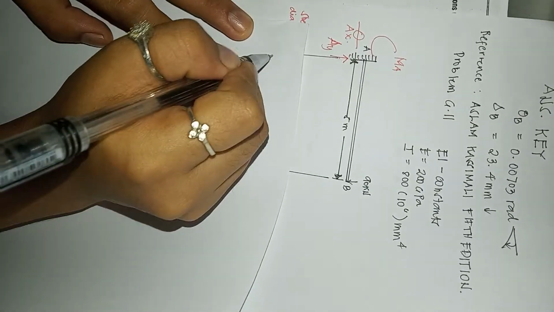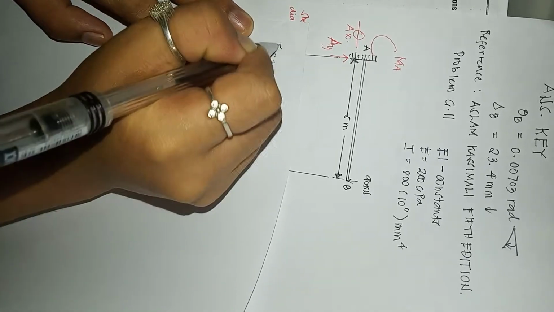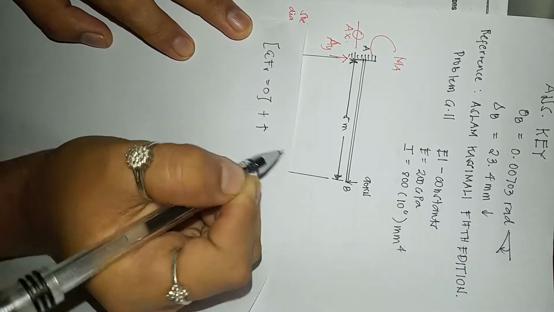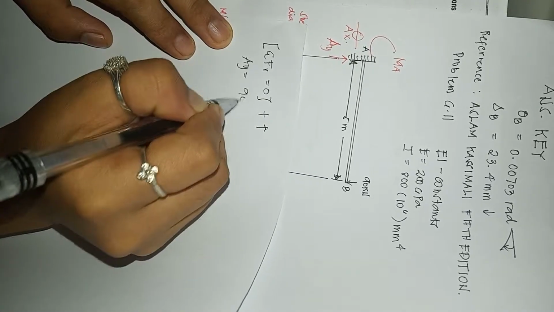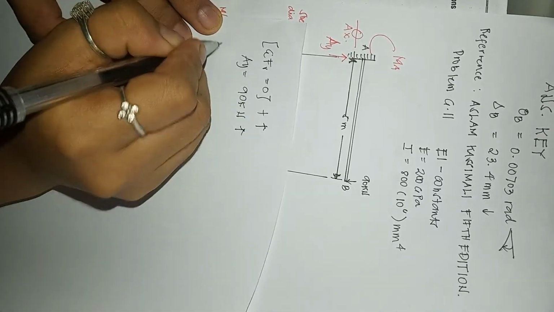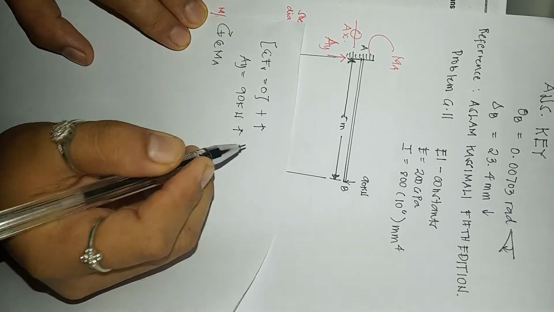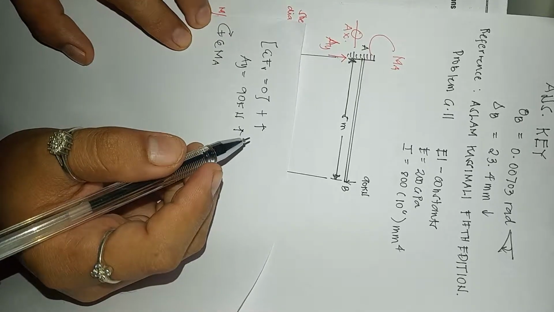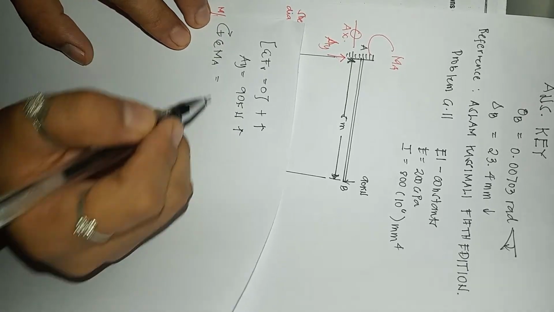So the summation of vertical forces equals 0, positive upward. So AY is equal to 90 kilonewton upward. Summation of moment at A, consider positive clockwise. You could also consider counterclockwise as positive, depending on you.